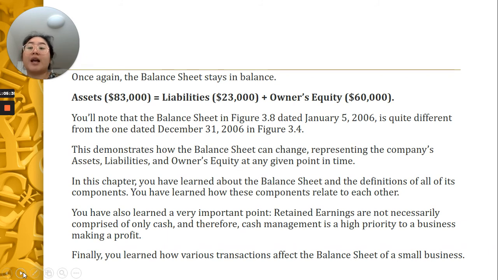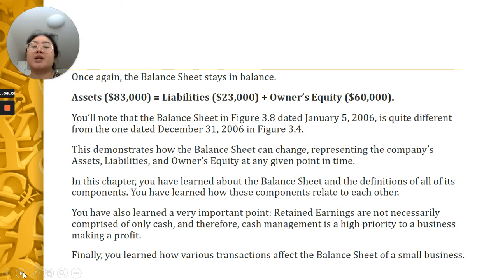You will note that the balance sheet in the last figure, dated January the 5th, 2006, is quite different from the one dated December 31st, 2006 in figure 3.4. It shows how the balance sheet can change and represent the company's assets, liabilities and owner equity at any given point in time.